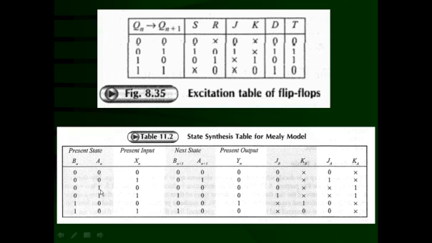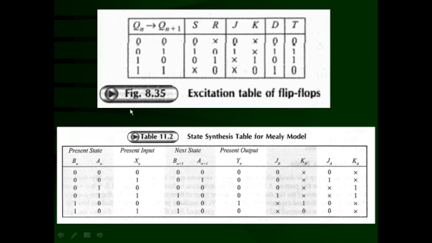Third row, 0 to 0, again 0x is required, and 1 to 0, that is the third row here, that is x1 is required. So you can see that here it is going to be x1.